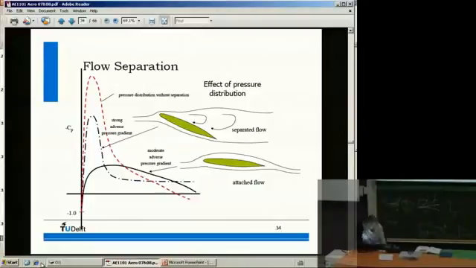Now how can you tell separation, what is it doing to your pressure and your lift? So this is attached flow. Small angle of attack, airfoil. Then we have the red pressure gradients.